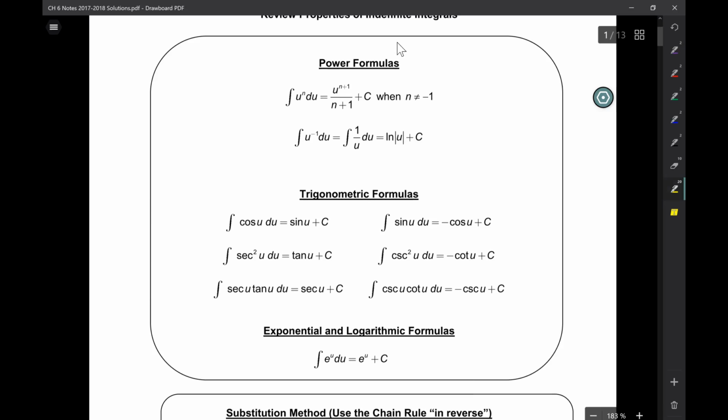We already know how to take the integral of sine of u, right? It's negative cosine of u plus c. Okay, so let's just take that for a minute, sine of u. When you see that function normally, you see it as y equals sine of x, right?